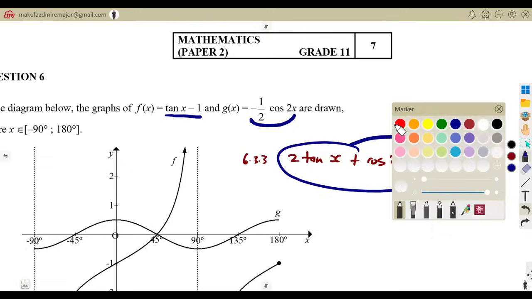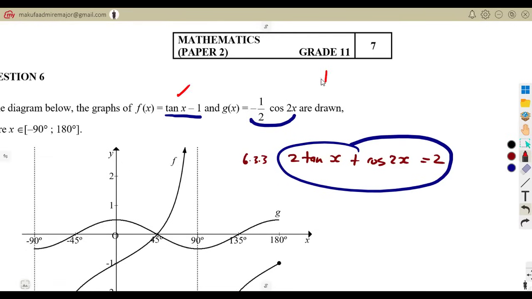What if we equate these two? The tan x minus 1, we equate it to minus half cos 2x, because you can see that these two are in the same equation. Tan and cos, they're in the same equation. So something about equating happened. Let's try to have it this way. Remove the fraction, because you can see that this is a half.